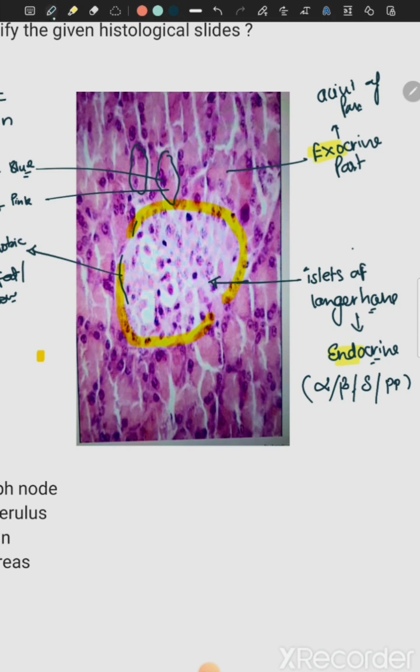Alpha is responsible for glucagon, beta for insulin, delta for somatostatin, and the pancreatic polypeptide cells have several gastrointestinal effects.